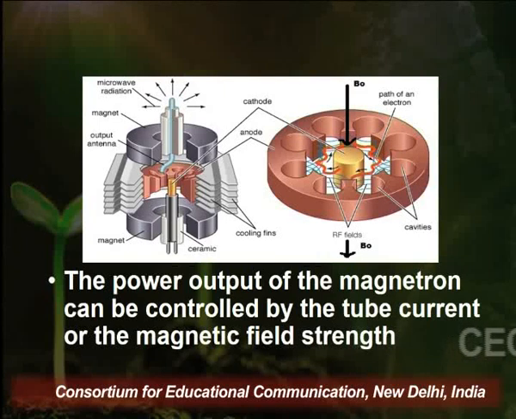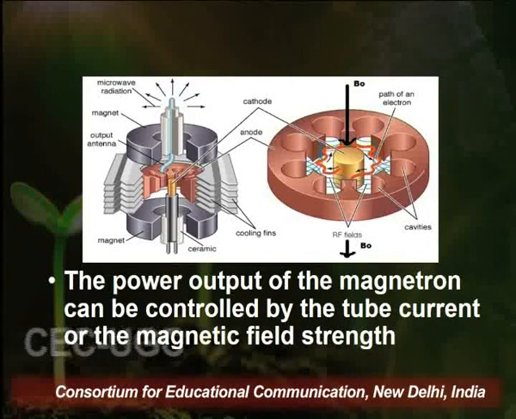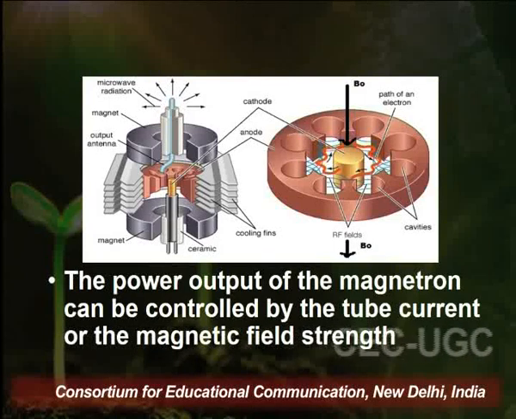So whenever an electric field is applied, the electrons from the cathode bounce towards the anode. Due to the presence of the magnet below the anode, there is a magnetic field. So these electrons move under the influence of electric as well as magnetic fields in a circular fashion. And when they move in a circular fashion, they pass through the cavities, which leads to the resonance effect.